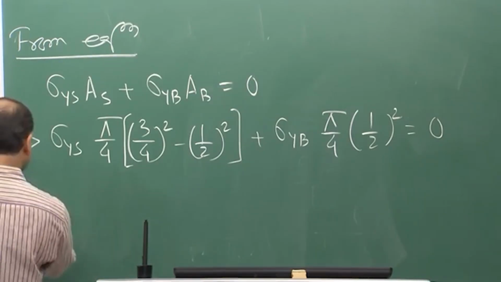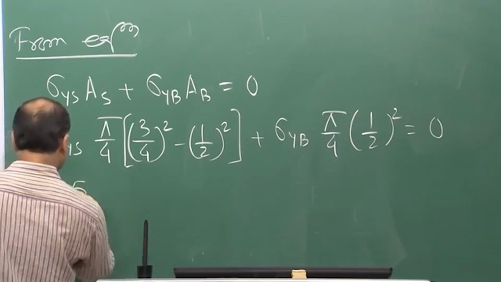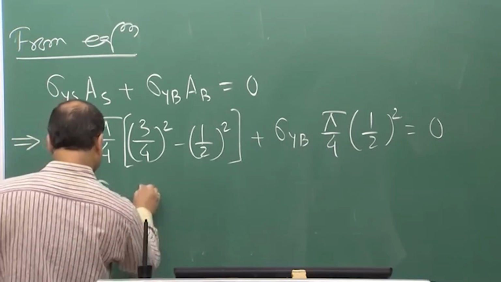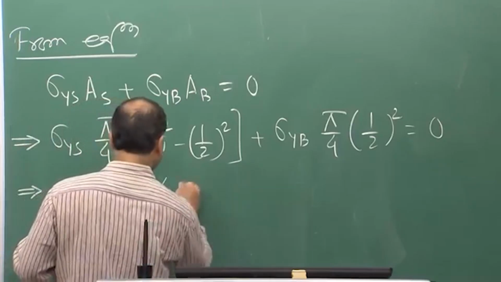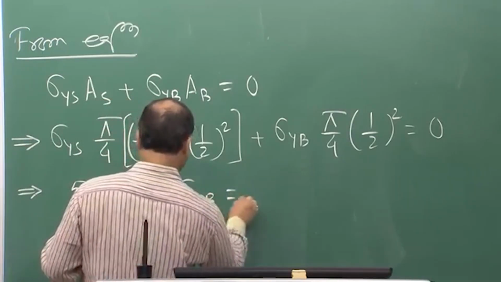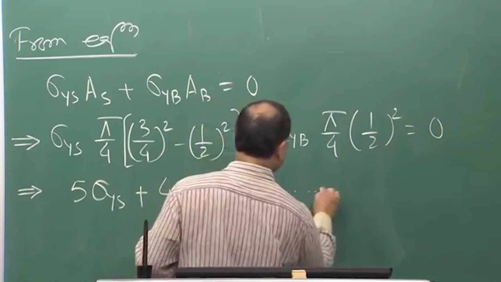That gives me one equation: 5 sigma y s plus 4 sigma y b equal to 0, say equation 2.